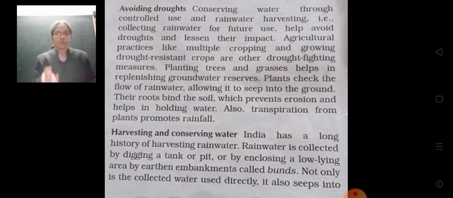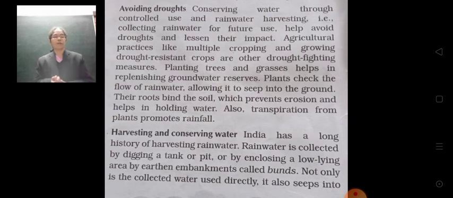What is the harvesting of rainwater? Collecting rainwater for future use helps avoid droughts and lessen their impact. It is our duty to collect rainwater for our future use.